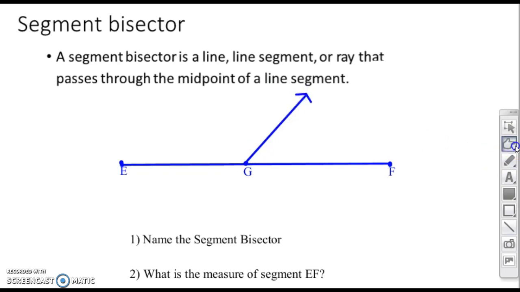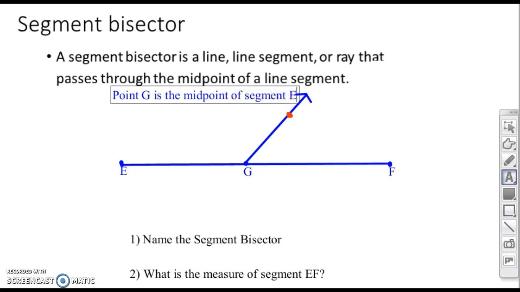So in this case, we have segment EF, and I'm going to state that point G is the midpoint of segment EF. So the question down here is, name the segment bisector. The segment bisector is what line, segment, or ray is going through.